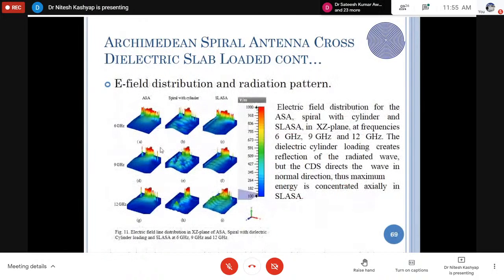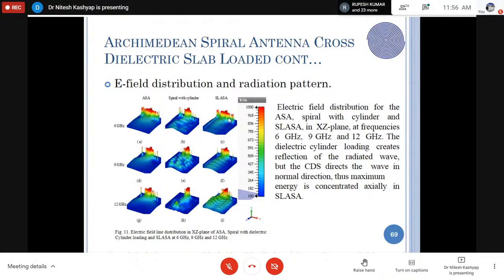This is the electric field distribution and the radiation pattern I have mentioned. I have selected three frequencies: 6 gigahertz, 9 gigahertz, and 12 gigahertz, for the Archimedean spiral antenna and the Archimedean spiral antenna with cross slab, that is the stacked dielectric slab.